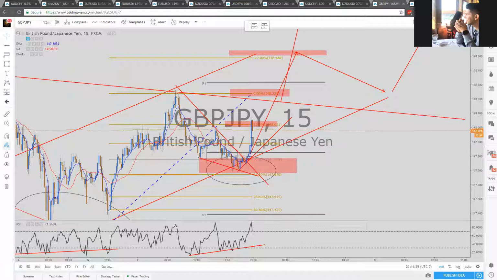So I try getting into those trades that are a little longer. This one was more like a scalping trade. You can catch some quick pips. You could have caught a quick 200 micropips right here and been done.